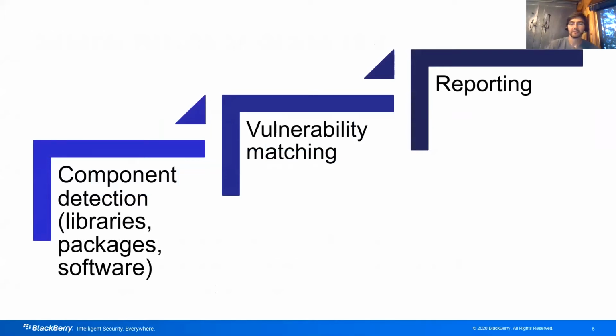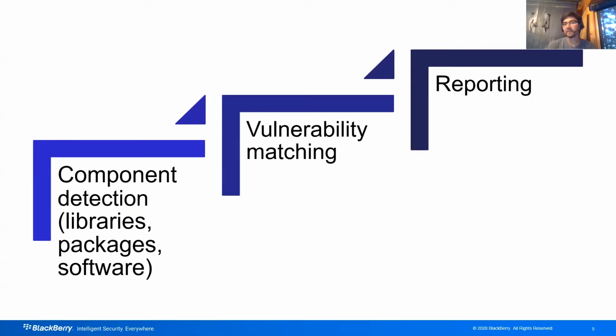But first, to do this, we need to understand the general architecture of the scanners. There are mainly 3 phases: component detection, vulnerability matching, and reporting. Component detection is about detecting the software composition of the container image.